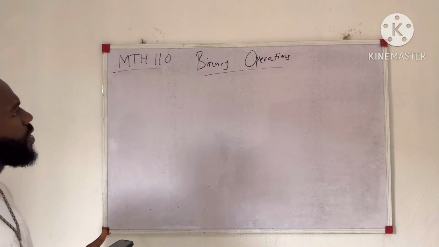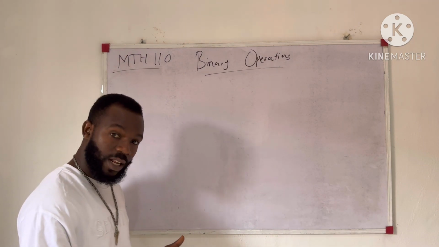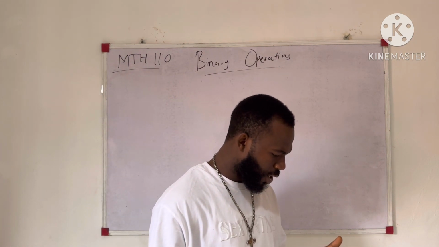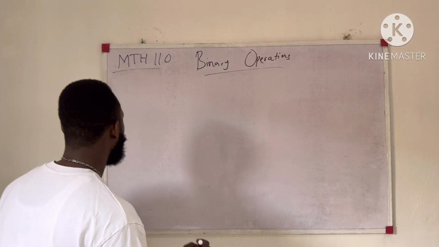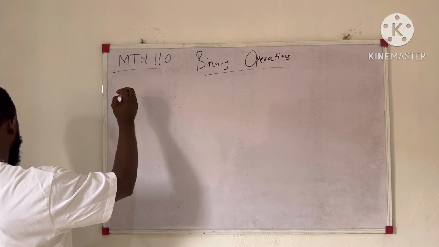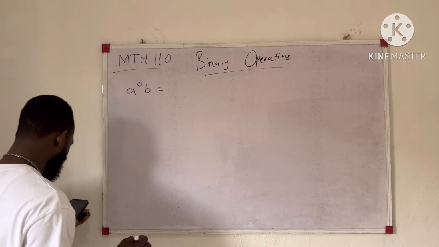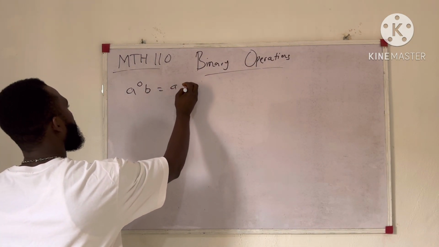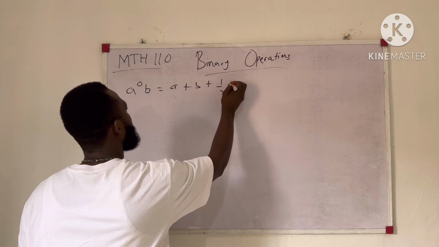The first question for today under binary operations says the operation is defined over the real numbers by A operation B equal to A plus B plus half AB.